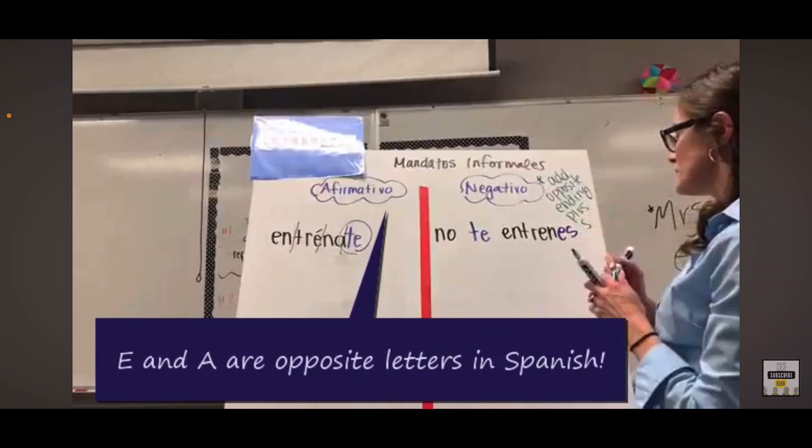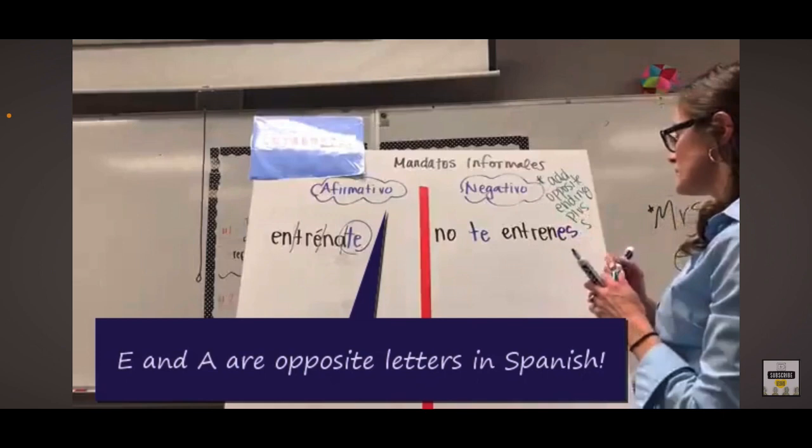Anyway, what's the difference between positive and negative? Well, the positive is that the reflexive is attached to the end of the verb, and there's an accent marker on the third syllable. The negative, what you do for a negative is you add no first to clarify that it's a negative. Then but instead of attaching de to the end of your verb, you're actually gonna detach it and put it before the verb.